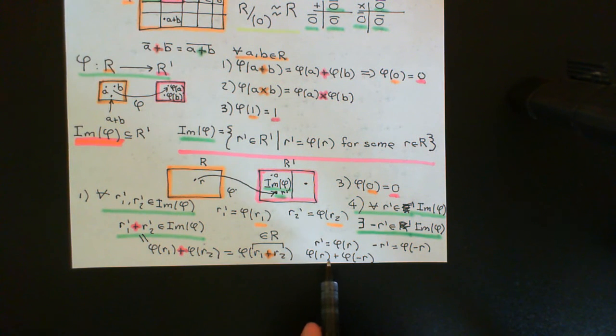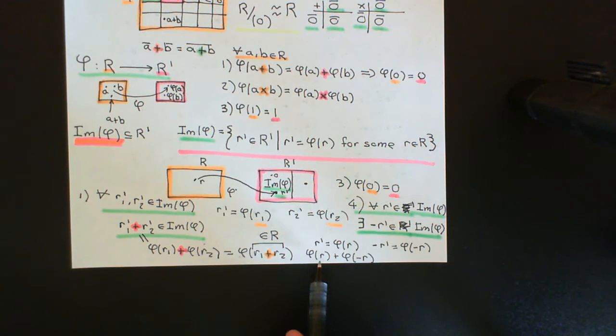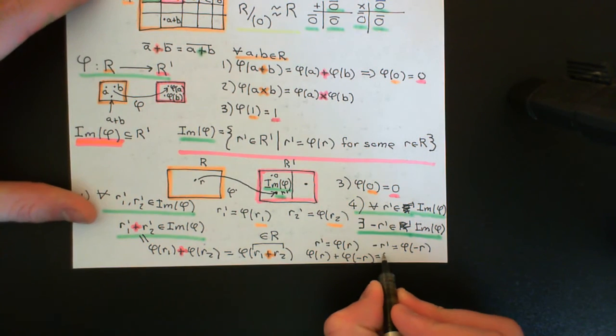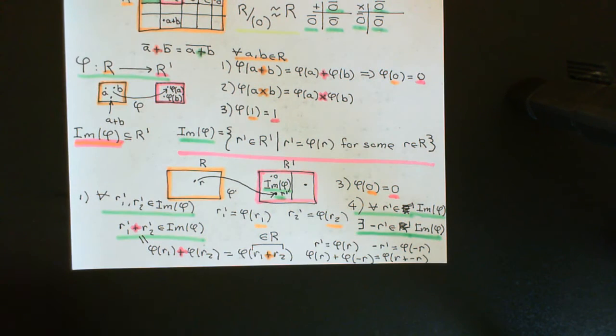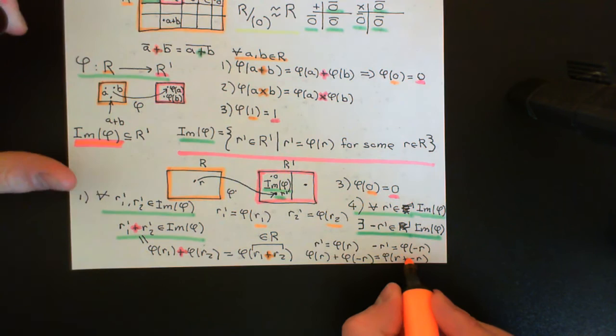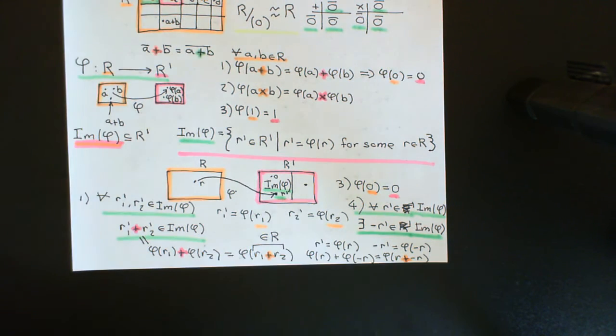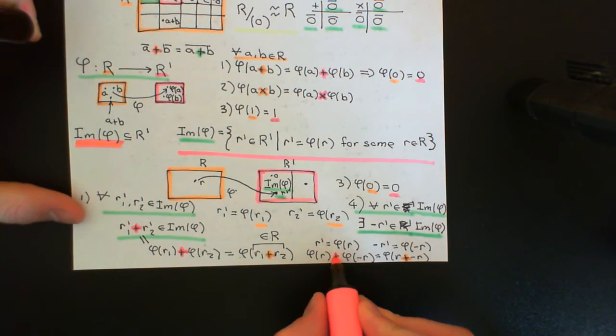So if I want to work this out, the way that I can do it is just by combining the addition using additive compatibility, and then I'll get that this is equal to phi of r plus negative r, where this now is addition in the initial domain ring, whereas of course this was addition in the codomain ring.